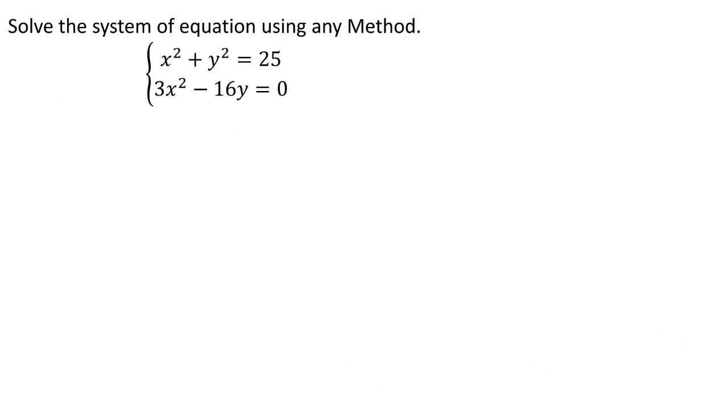Okay, so what kind of equations do we have for this next system? Does anybody remember what the first one is? Let me circle it. So what is this here? Is it a line? Is it a parabola? It's a circle, okay? And what about the second one? 3x squared minus 16y equals 0.